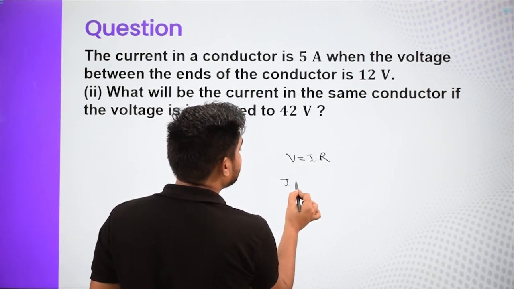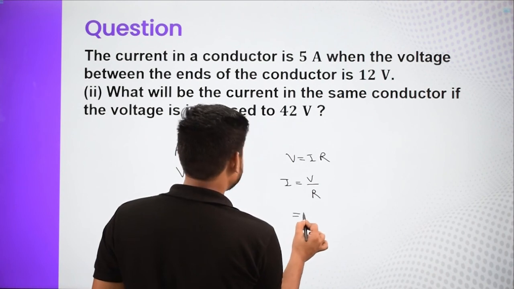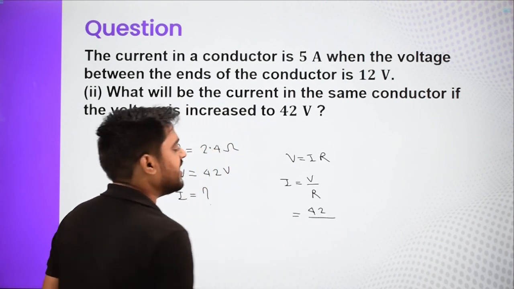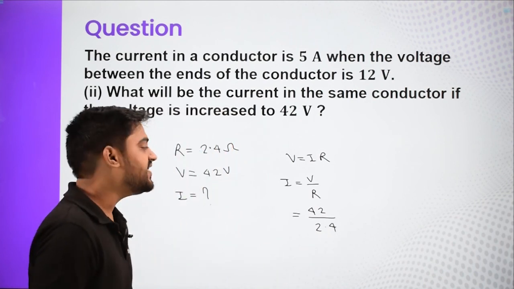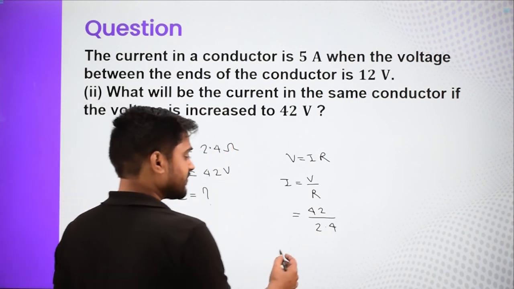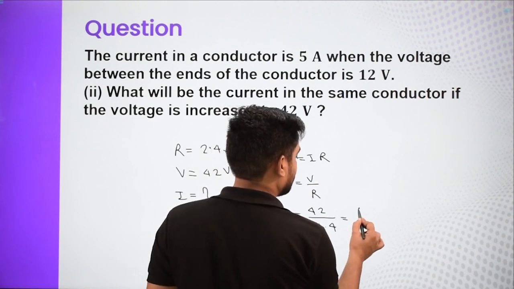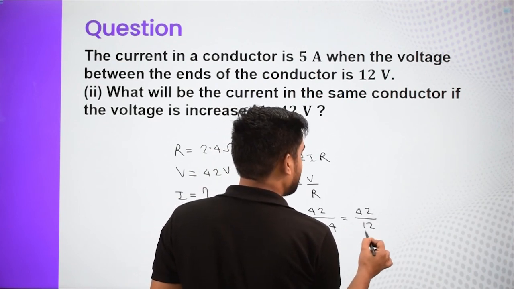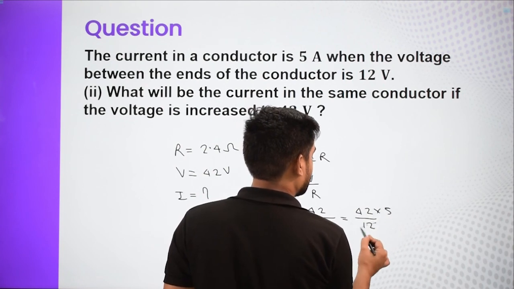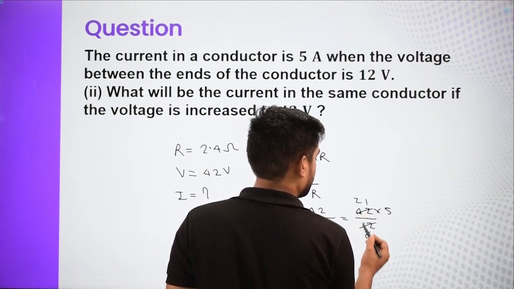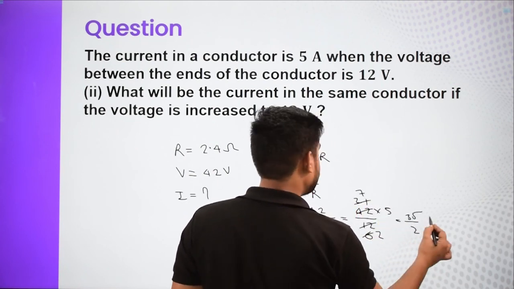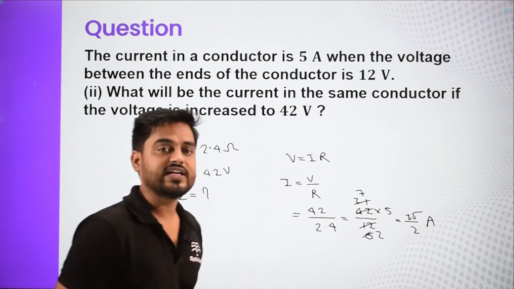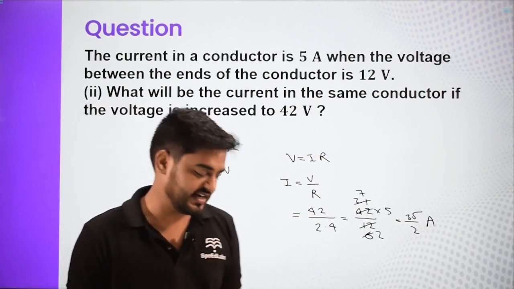Here I is nothing but V by R. Our voltage is 42 volt divided by our resistance, which is 2.4 ohm. Let us simplify it. This was 12 by 5. So 30 by 2 ampere, or we can say 17.5 ampere is the current.